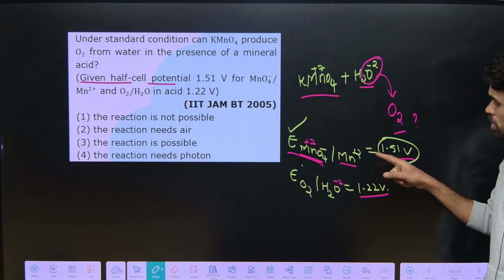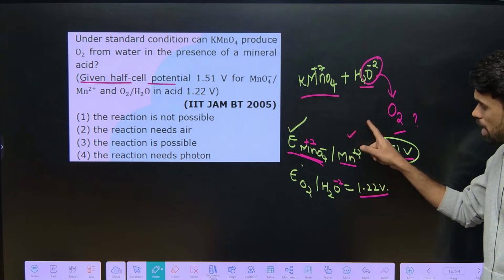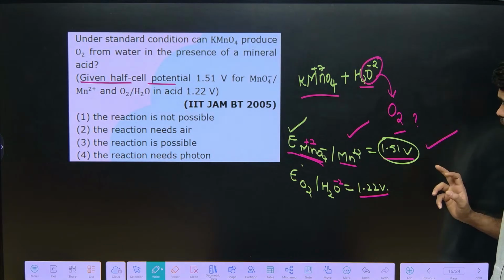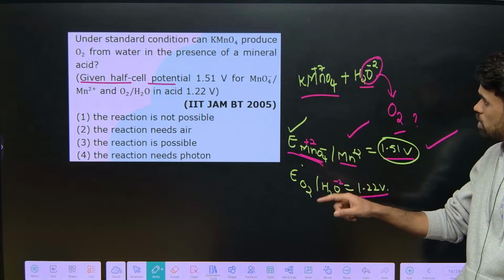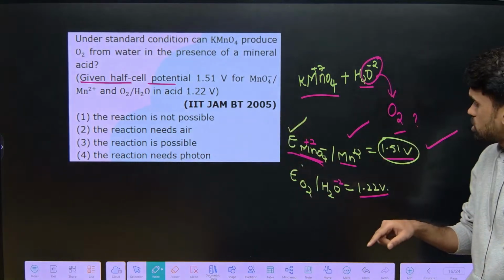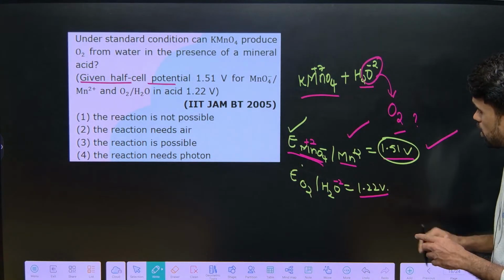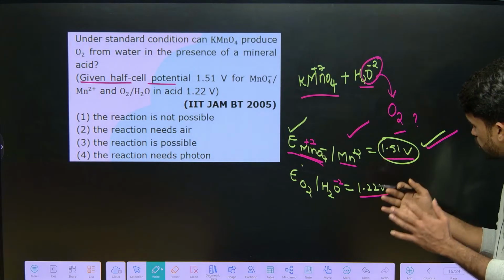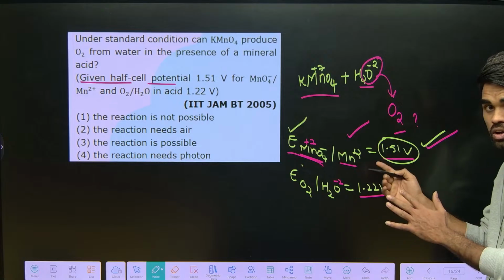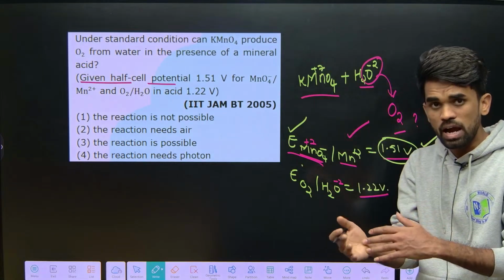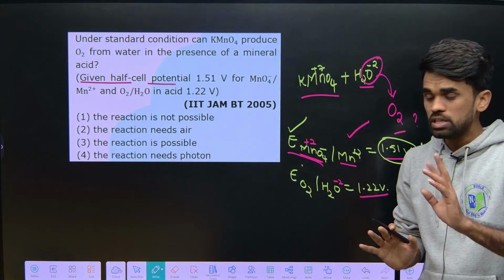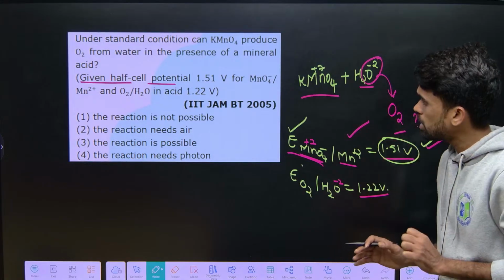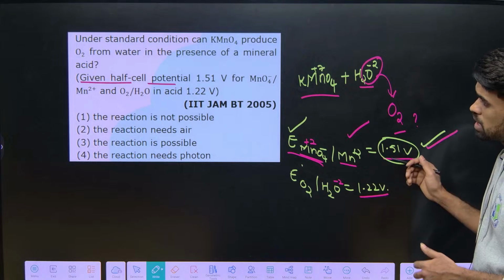Out of these two, the permanganate ion has more reduction potential value, so it will undergo reduction and the remaining one will undergo oxidation. The one which has more reduction potential value will undergo reduction and the remaining should undergo oxidation. Therefore, the overall value will be positive for that cell. So the reaction is possible.